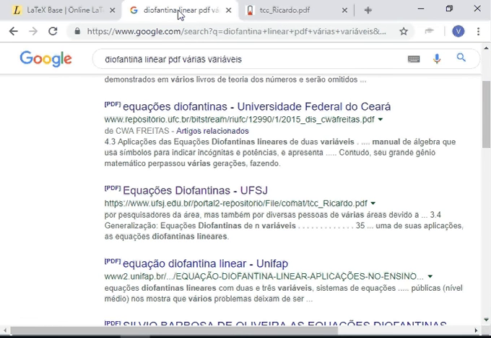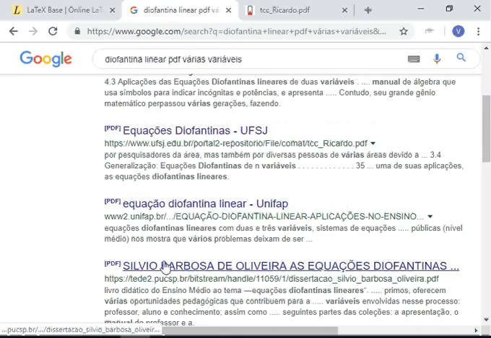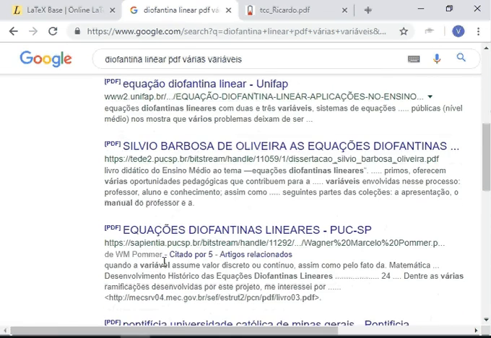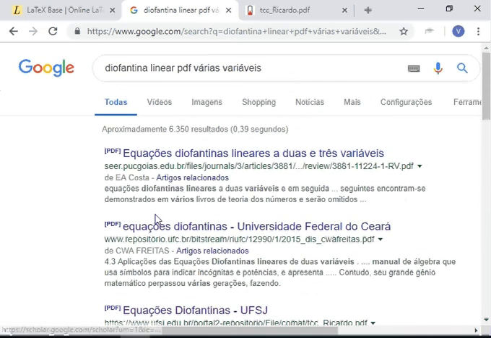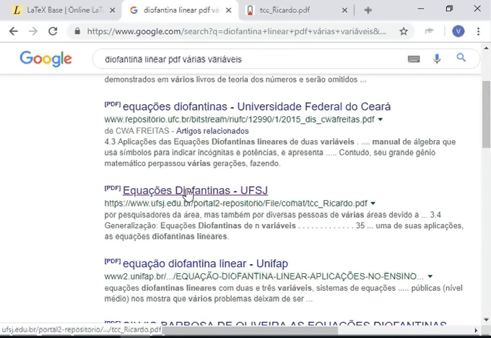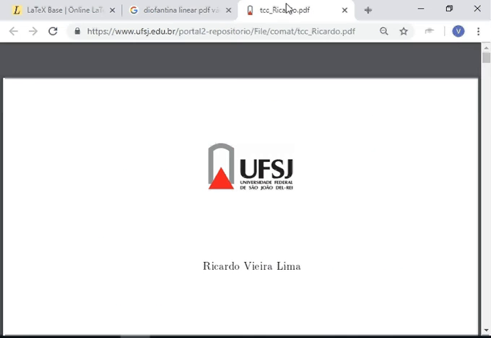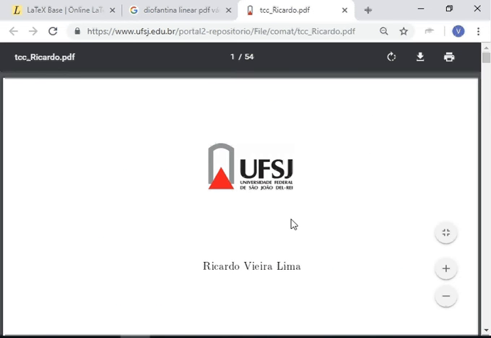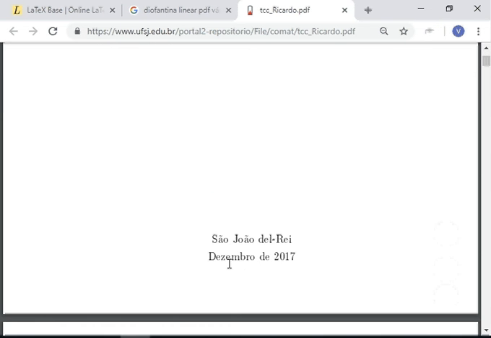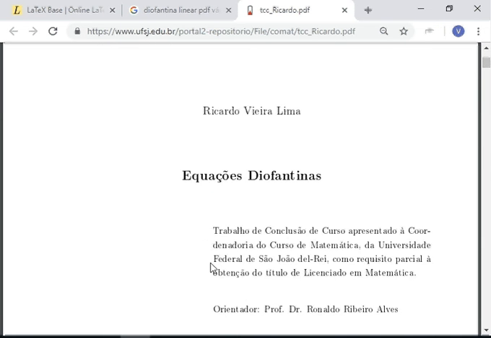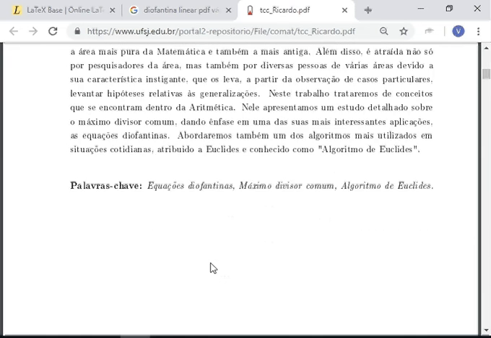If you search "Diophantine linear PDF several variables," you'll find several results. The third is the TCC of Ricardo. He is Vieira by his mother, Lima by his father, and in 2017 he studied this matter.